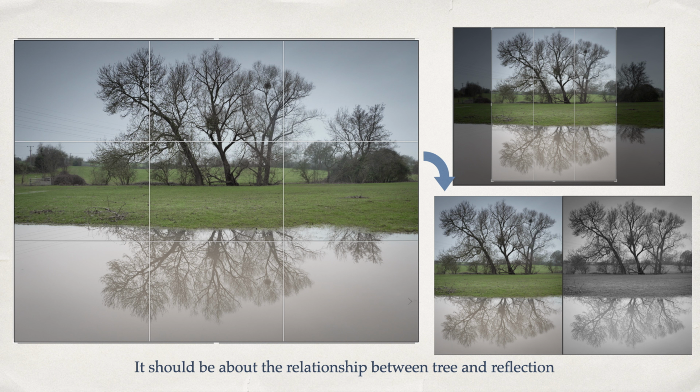I've got these trees and a reflection in the puddle, but by changing the composition, by changing the crop, I can change the relationship between them, and I can tell a slightly different story. And then, because it's a very bland image, change it black and white, and it looks great. Because you've got the reflection of the trees in the puddle, and it works much, much better. It's the same image, I've just cropped it slightly differently.